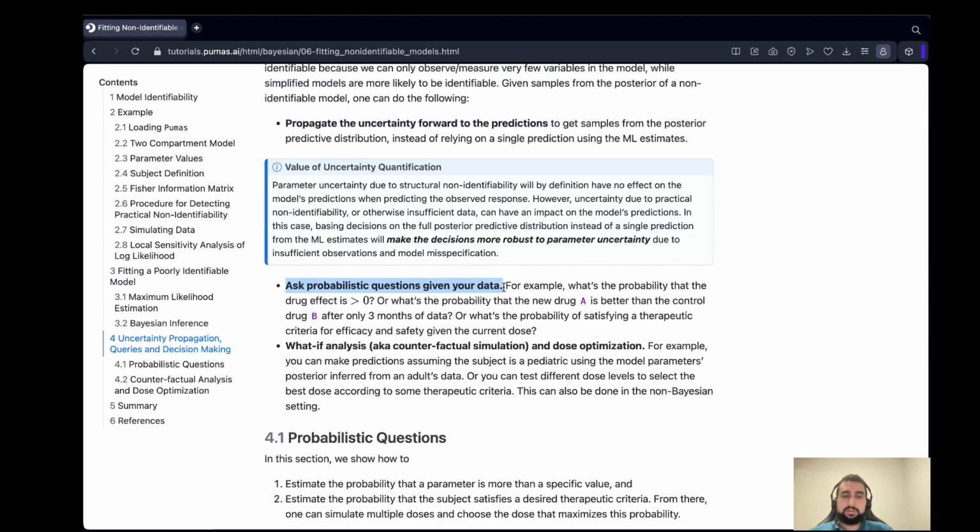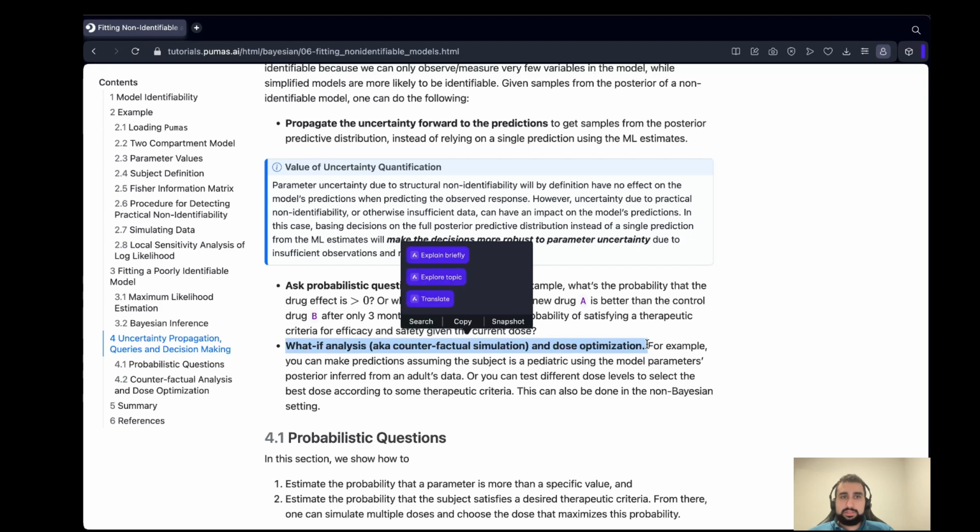So what is the probability that drug A is efficacious, or that drug A has an effect compared to the control drug? And we can do all sorts of what-if analysis or counterfactual simulations by changing some settings and then re-simulating.